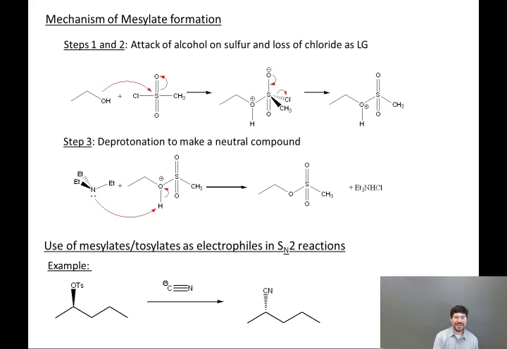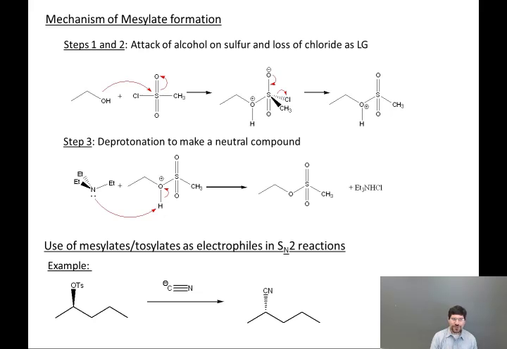This is a secondary alkyl halide, but it's still a small secondary, so it comes in from the back side. The OTs is kicked out, and the CN- takes its place with dashes instead of a wedge because we had inversion of stereochemistry.